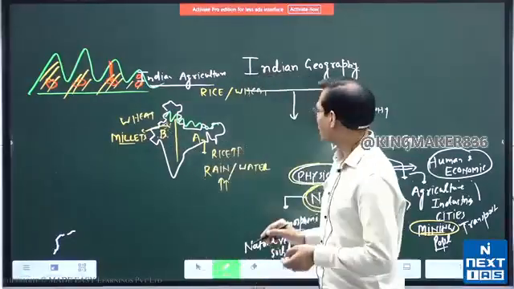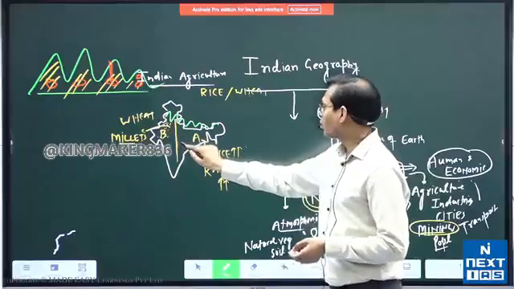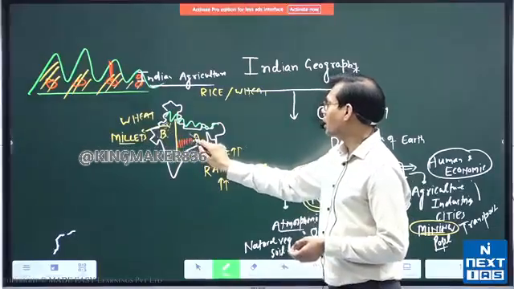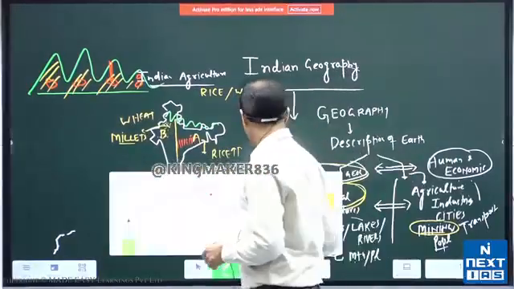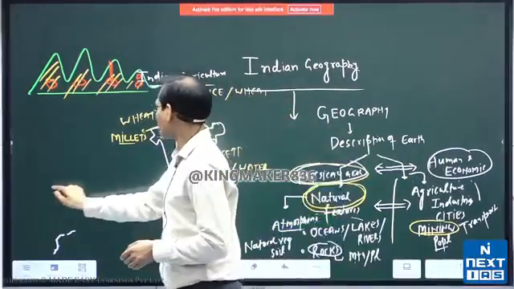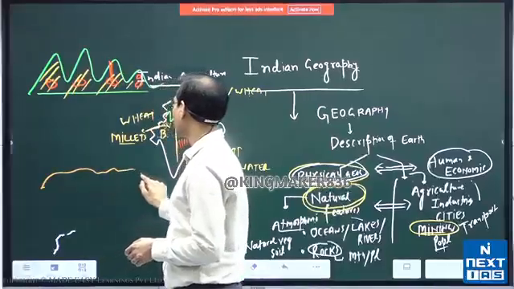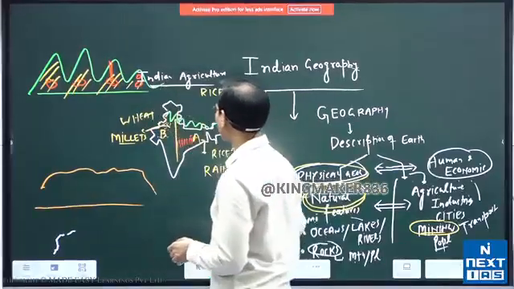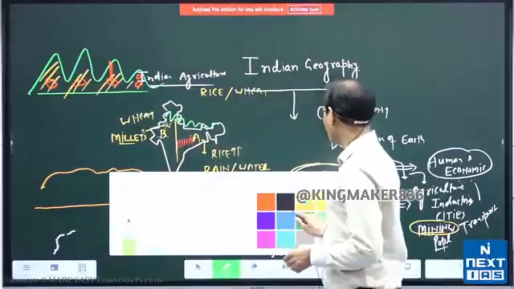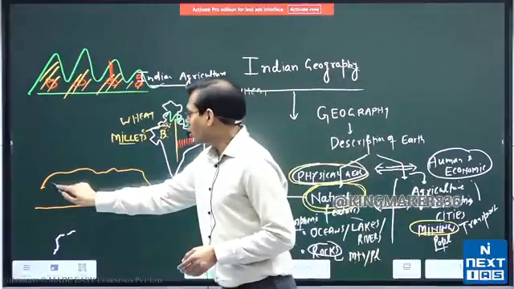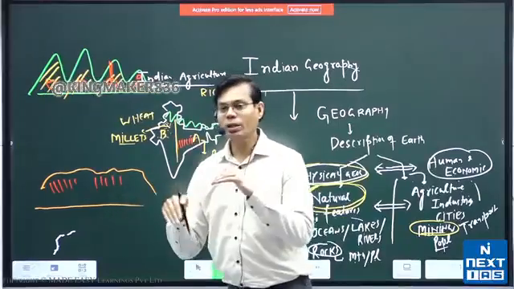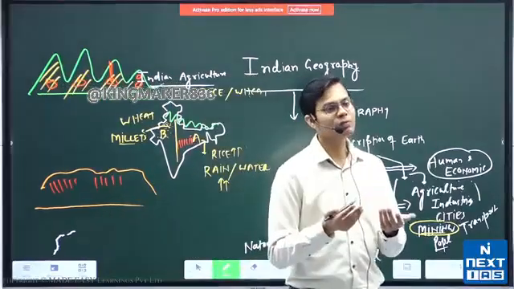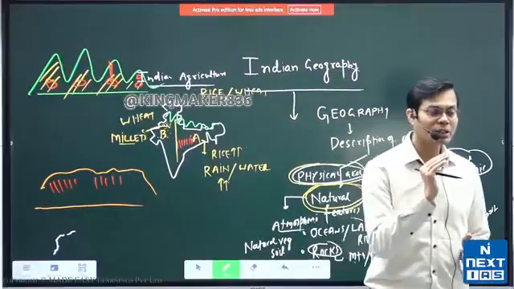On the contrary, if some rocks are available in areas like Jharkhand, Odisha, where the surface is like this, or South India or Central India, in these parts the minerals are near the surface, closer to the surface. So what is the economic rationale here?